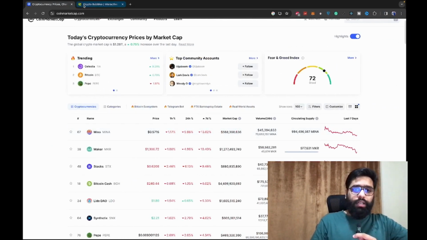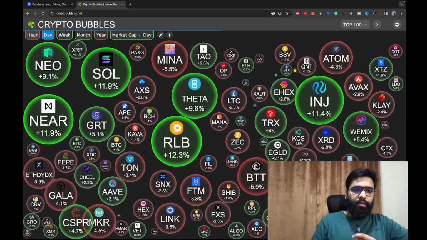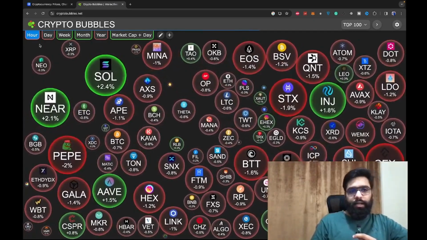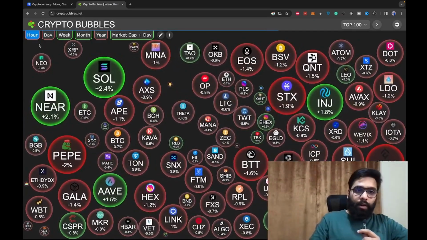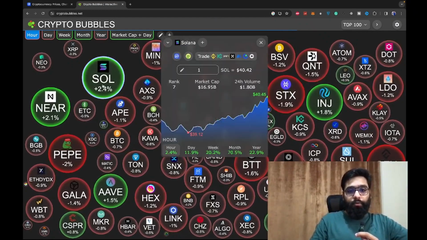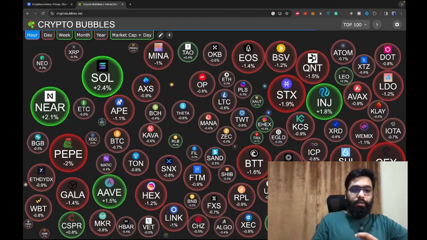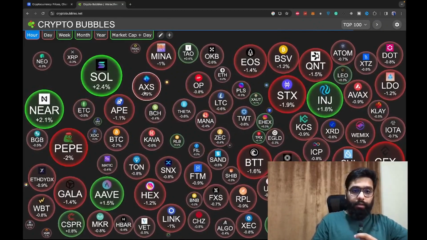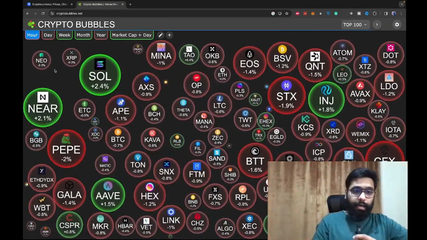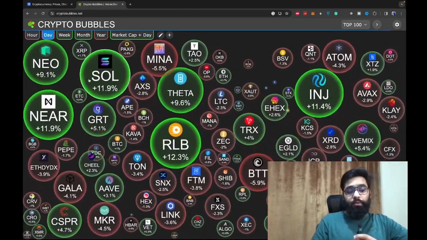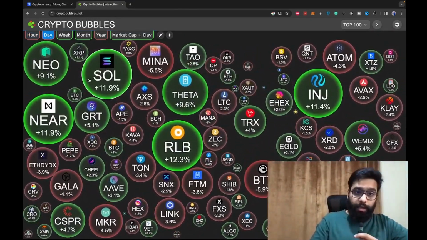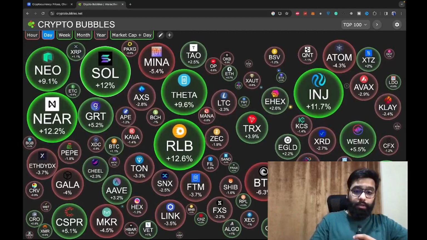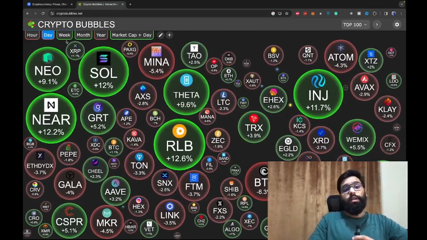Second website we have Crypto Bubbles, where you can look at and analyze charts on a hourly, daily, weekly, monthly, and yearly basis. On hourly, we can see Solana is 2.4% up, Near is also 2.1% up, and 1.8% up, Gala 1.4% down. Then on daily basis we have Solana, which performed pretty well, like 12%, Near 12.2%, Neo 9.1%, and 12.6%.